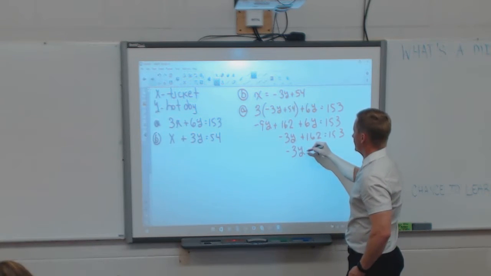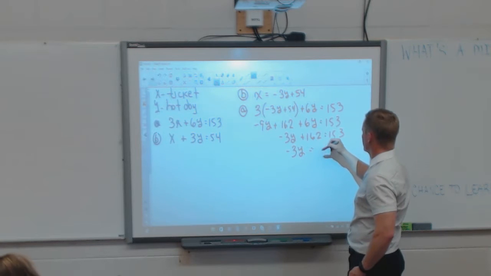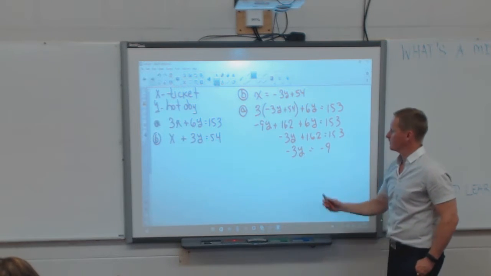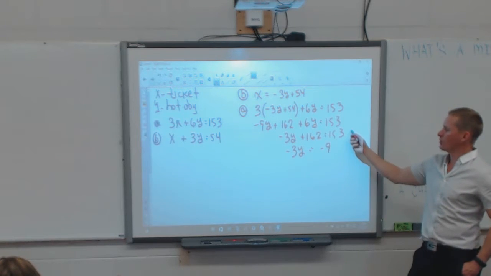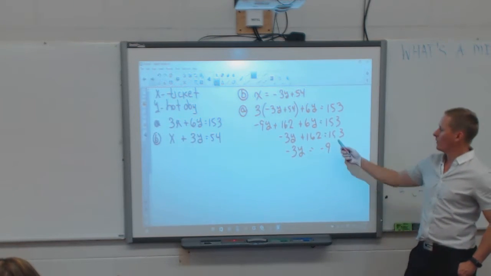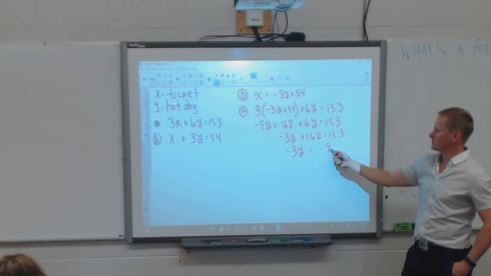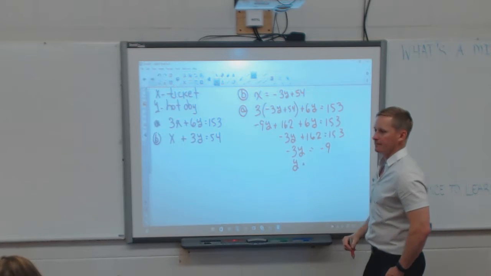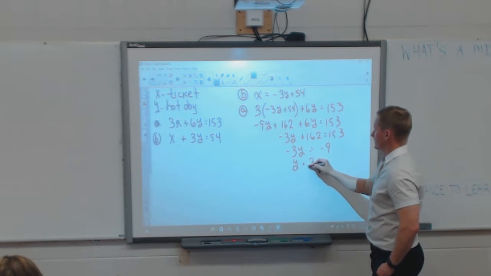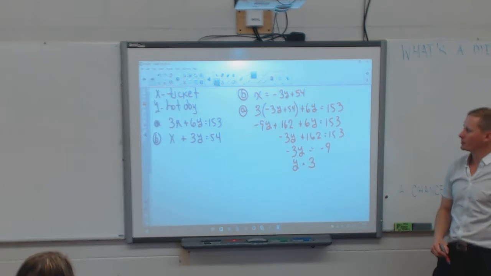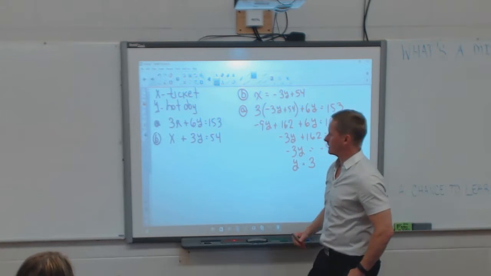Minus 3y is equal to, subtract that, 153 subtract 162, which is minus 9. So what does y equal? 3. So how much is a hot dog? $3.